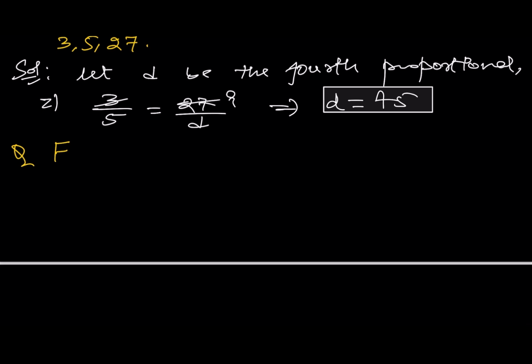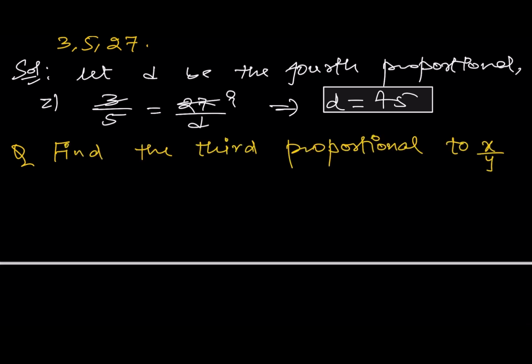Find the third proportional to x upon y plus y upon x and x upon y. Students, in this question, we are asked to find third proportional. So we can assume that A, B and C are three quantities so that they are in continued proportion, right?